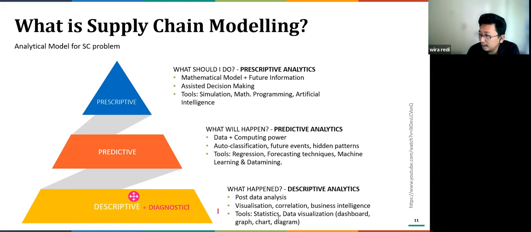If you want to work with descriptive analytics, that's totally fine, but I want you to put more effort into first exercising with the tools that we are going to learn. We will learn several predictive tools as well as prescriptive tools.